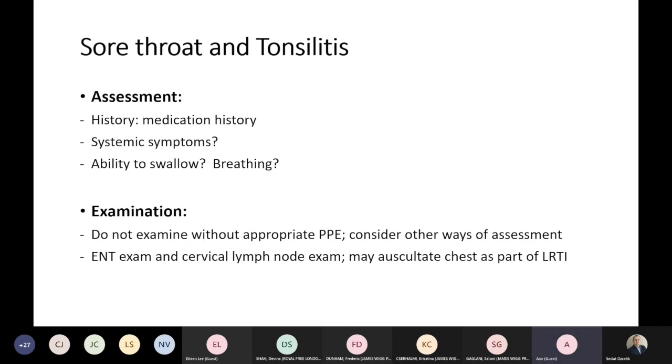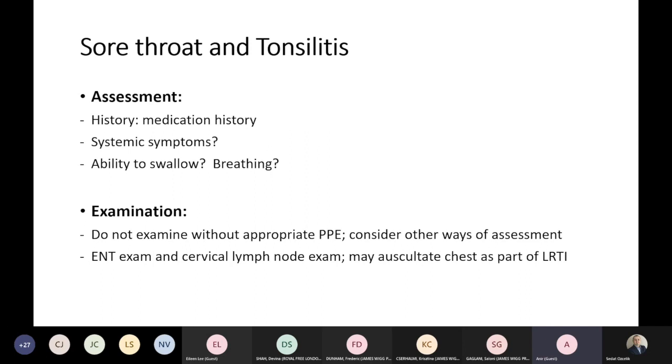Or in the context of someone on chemotherapy, it might be a presentation of neutropenic sepsis. So it's important just to make sure that we look at EMIS or whatever medical systems we use, make sure we have a look at their medications, their medical history, and put it in the context of their symptoms.